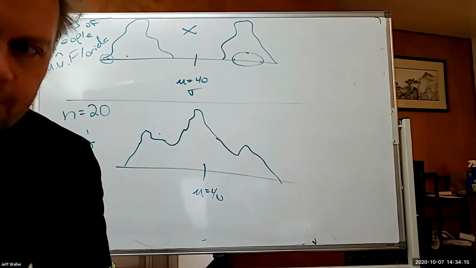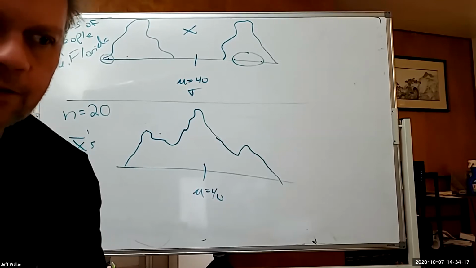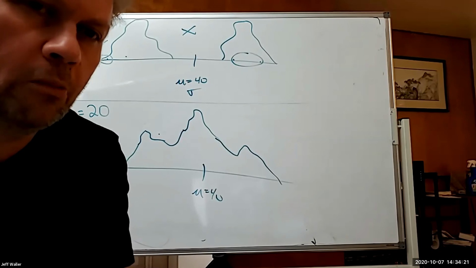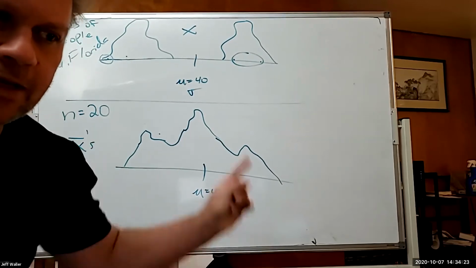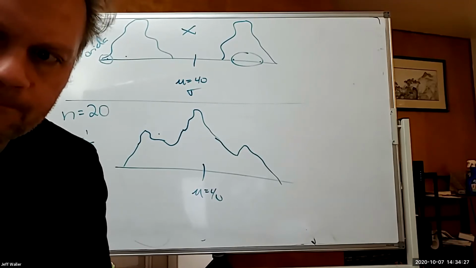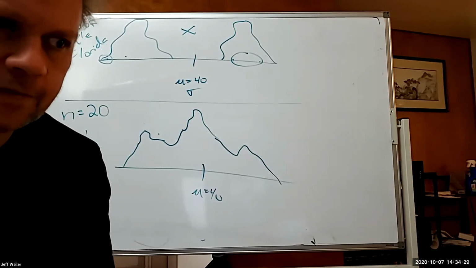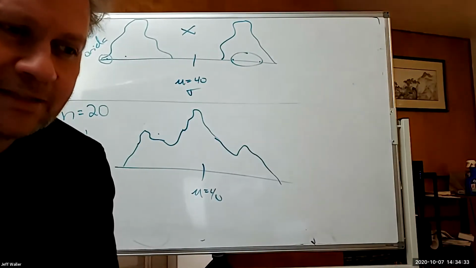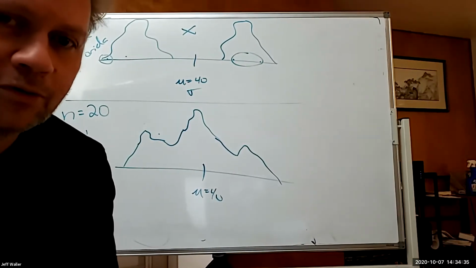Now tell me this. Does that new distribution look more normal than it did at the beginning? Yes. It doesn't look normal exactly, but it definitely looks a lot more normal.